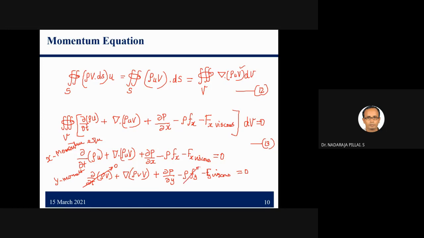Then this becomes 0. Again, I assume that it is an inviscid flow. Inviscid flow has a lot of advantages in our aerodynamics that we will discuss. This becomes 0. So finally, you have these two terms, right?